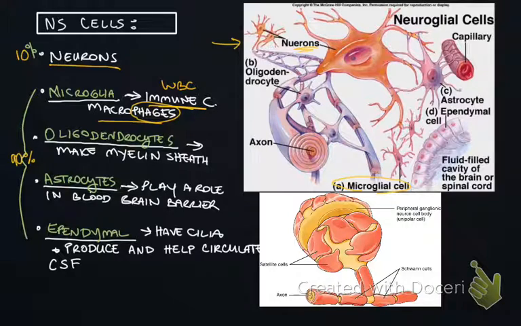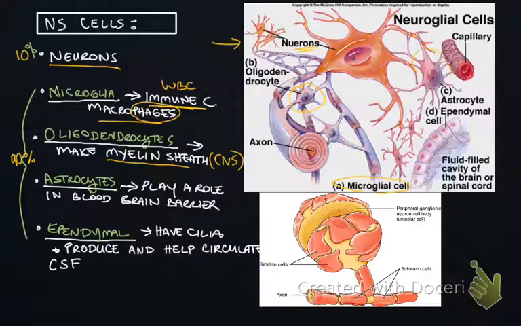In this instance, the nervous system tissue, and they're cleaning up dead tissue, damaged tissue, bacteria, whatever it may be. So it's like the immune system of the nervous system. Oligodendrocytes make myelin sheath. So here is an oligodendrocyte, and they make the myelin sheath particularly for the central nervous system.